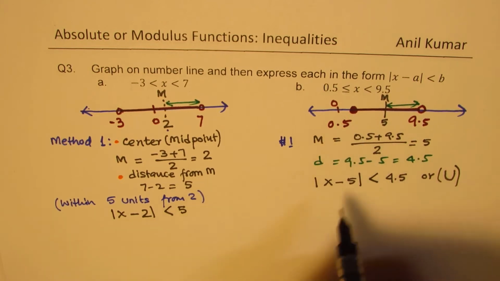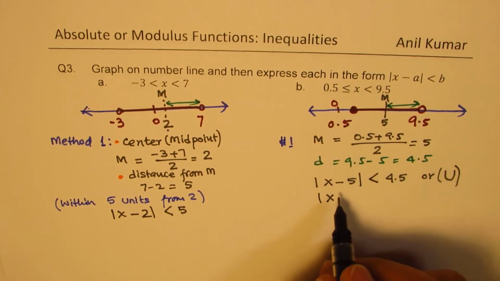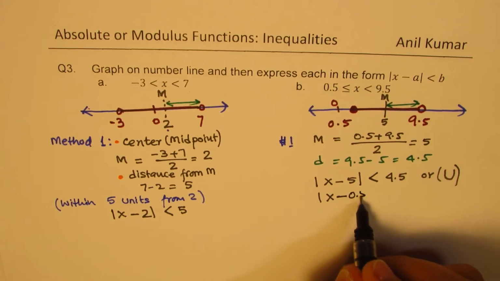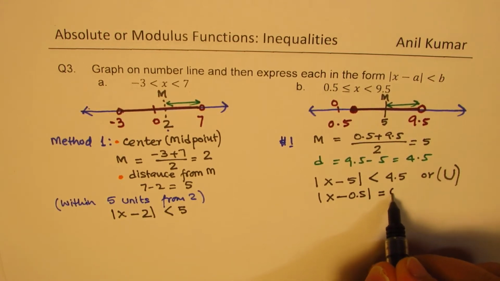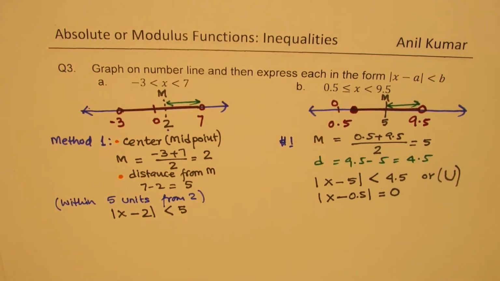So that will be absolute value of x minus 0.5 is equal to 0. So that will give you this point, correct? So we have done it with a combination. This is a unique example where we had to do this kind of combination to work out the solution, correct? Perfect. So I hope that makes sense. Slightly more complicated than what I thought.